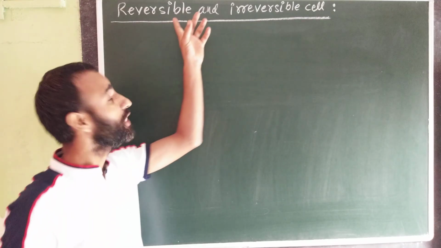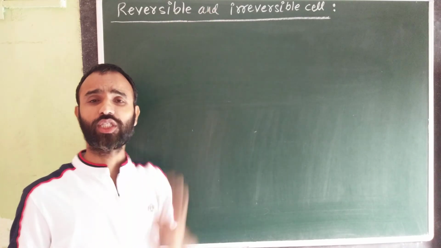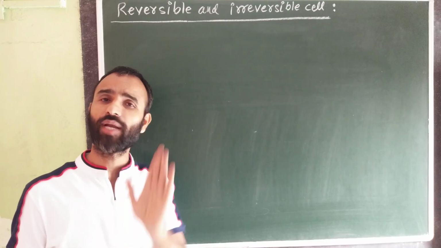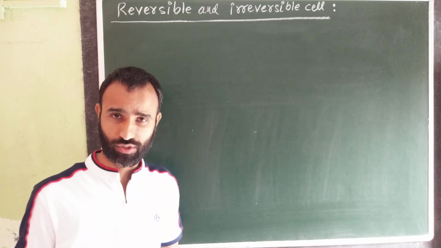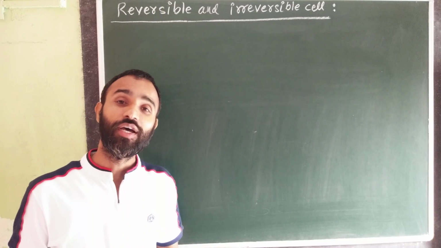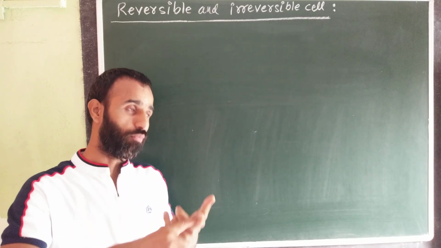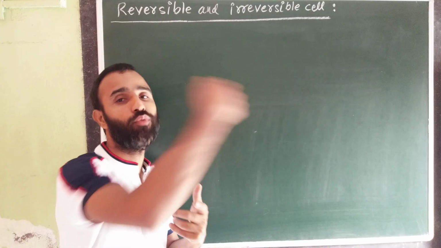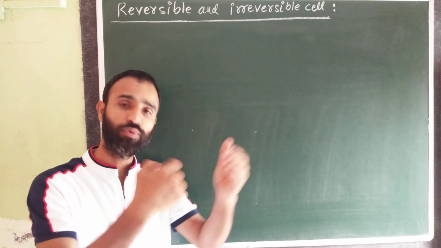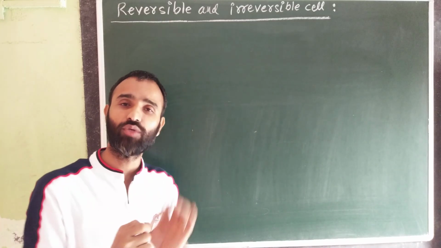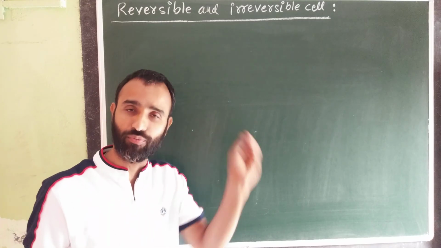Our today's topic is reversible and irreversible cell. Now, what is a reversible cell? A reversible cell is, first of all, made up of reversible electrodes. It is the one in which the driving force and opposing force differ by a very small, infinitesimally small difference.